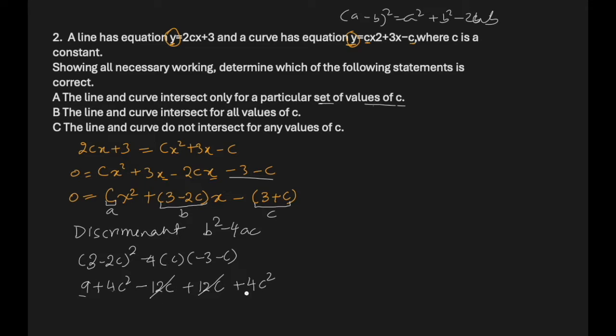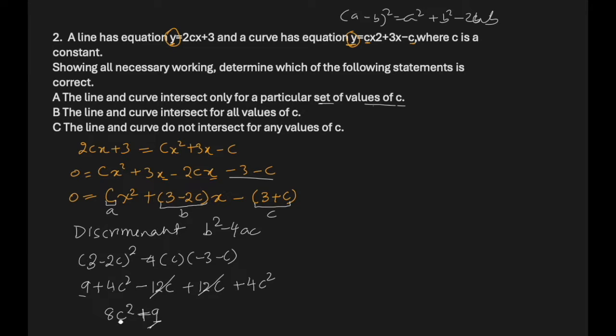What do we get here? 4c square plus 4c square, 8c square plus 9. Okay, this is what I'm getting here. So now I have to see whether it is greater than 0, less than 0, or equal to 0. You can see that 9 is positive.